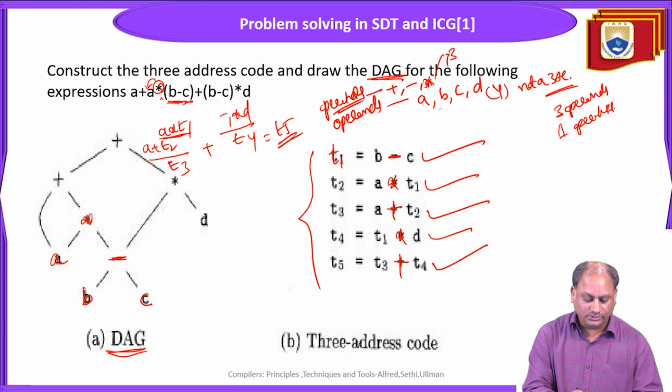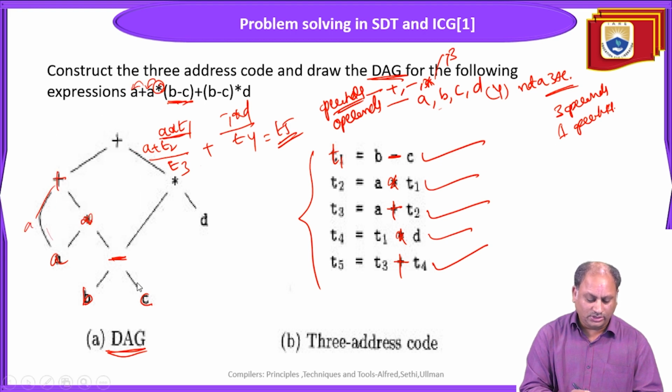And for plus, to the left we have a, and to the right a star b minus c. Once again it is a, and instead of writing it separately, we have given a branch indicating that one.